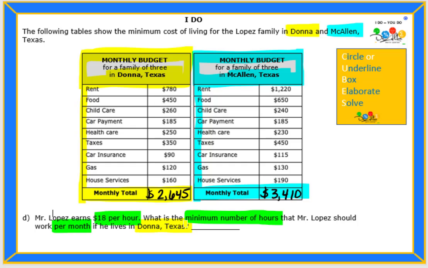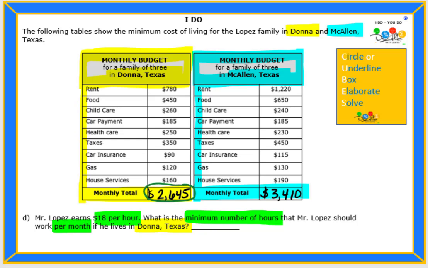Okay, so what we know is that if he lives in Donna, Texas, he's going to need a minimum of $2,645. So if he earns $18 per hour, the number of hours that he works in that month multiplied by that amount will give us his earnings.